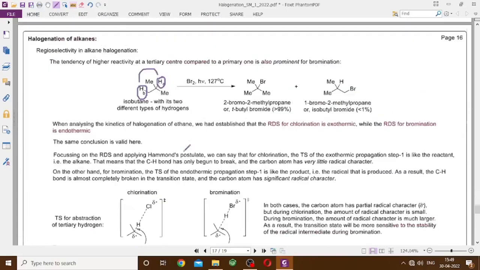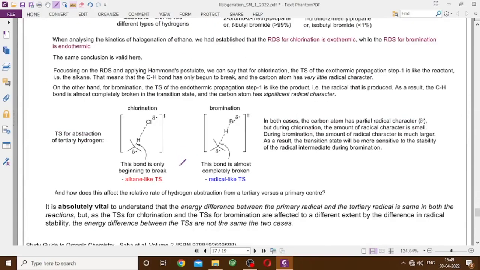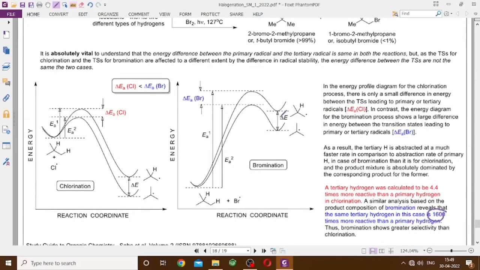But if I now concentrate on the bromination, then bromination is endothermic, no? So these two transition states are very much closer to the radical, the product, compared to the reactant. So they have very high radical character compared to alkane character. So they are mostly like radicals. These are mostly like alkanes.